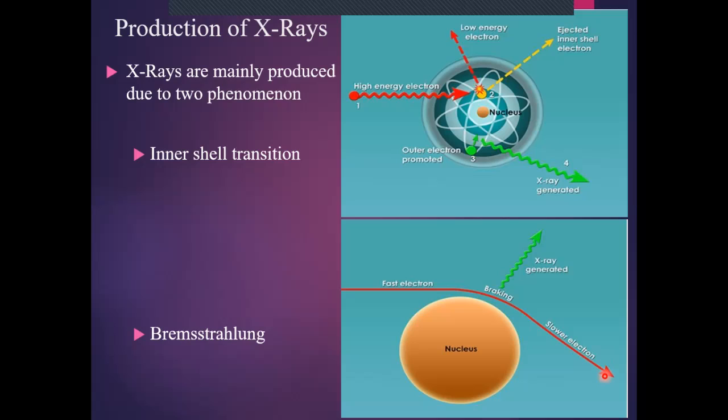And due to this slowdown, its kinetic energy will decrease, and this decrease in kinetic energy is radiated in the form of X-rays. The X-rays produced during this process are called continuous X-rays. This is because they have a continuous spectrum, or a long range of wavelengths of X-rays. So these are the two phenomena by which X-rays are produced.